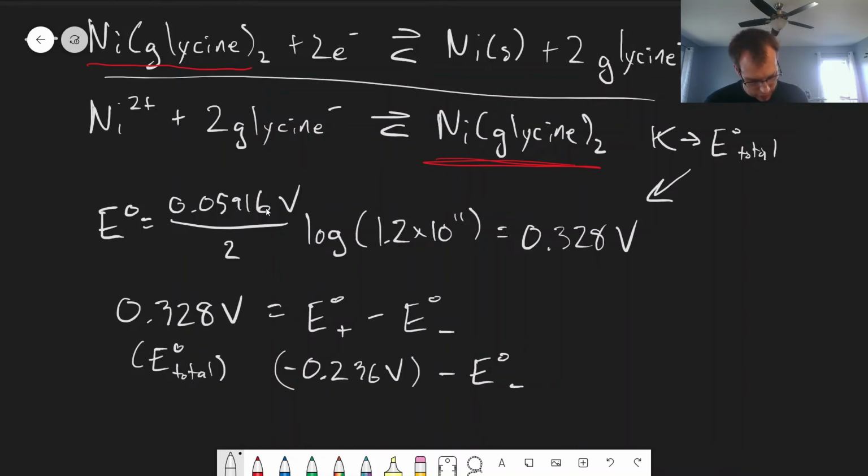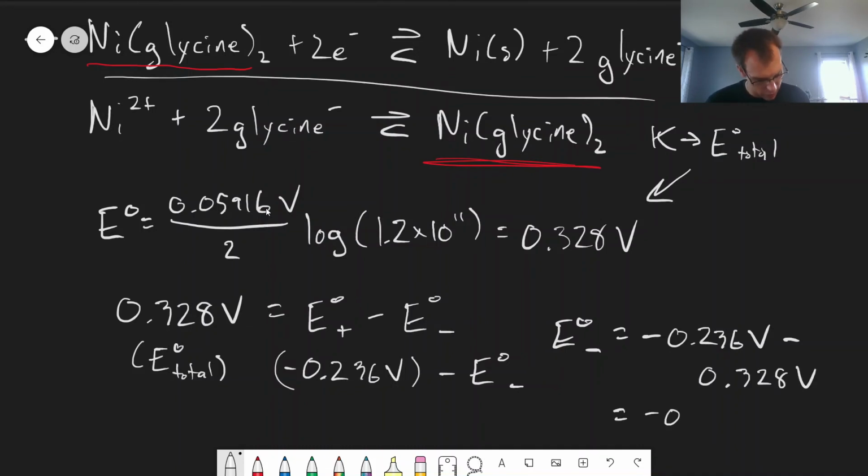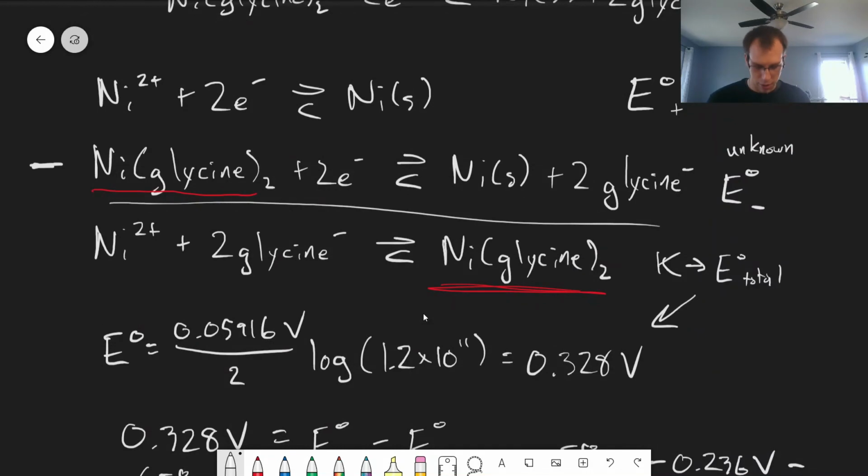So what we'll get is E naught minus is equal to negative 0.236 volts minus 0.328 volts. And so overall, we get that this is equal to negative 0.564 volts for the reaction that we're interested in, which again is this reduction of the nickel-glycine complex right here.